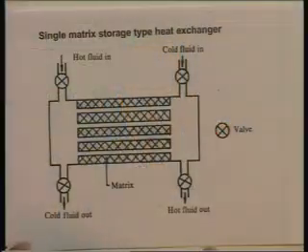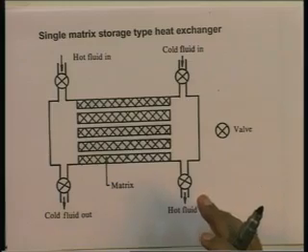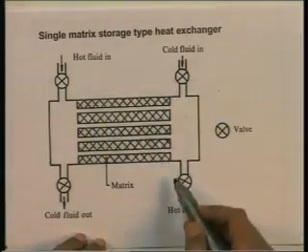It could be some finer material loosely kept, etc. Basically, something through which fluid can flow, a gas or air, and something which will absorb heat or give up heat when the hot fluid or the cold fluid flows through it, as may be the case.